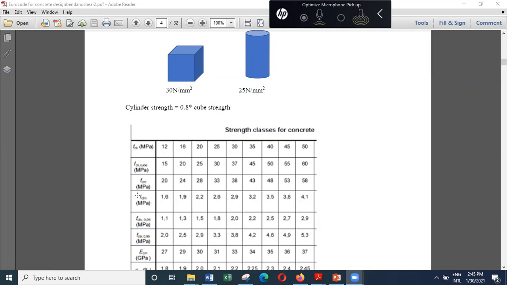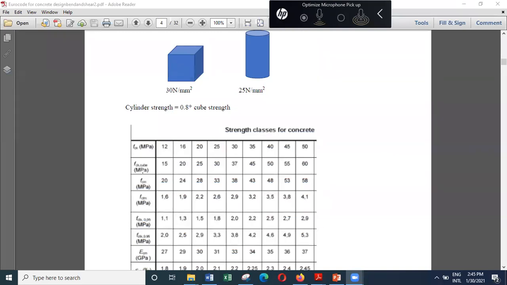And this FCTK is the value that you get as the characteristic strength. And here again, FCK is the characteristic strength of the cylinder.